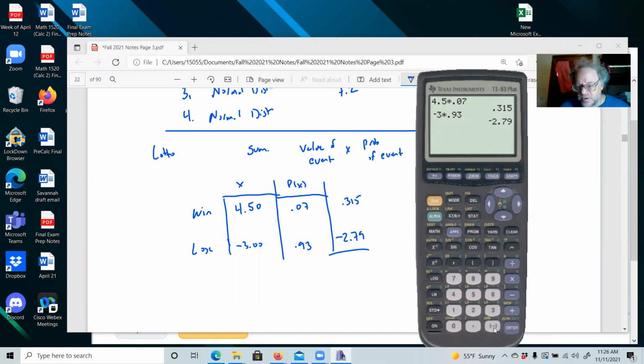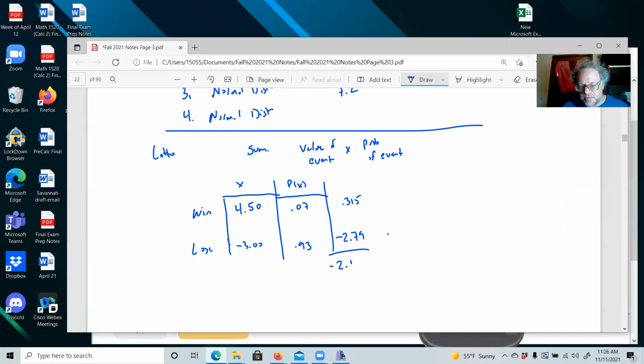So we're going to add up negative 2.79 plus a positive 0.315. Okay, so our expected profit is negative 2.475.